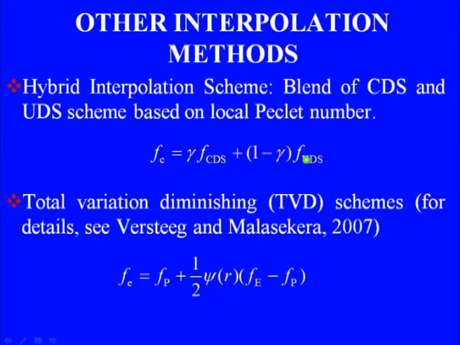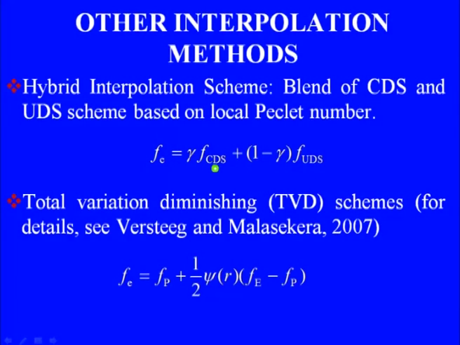If the local Peclet number is very small, then this gamma can be set to 1, and FCDS should be used for the interpolation. If the Peclet number is large, then choose a small value of gamma, so that we make use of the upwind difference approximation. So, this hybrid interpolation scheme combines the desirable properties of both CDS and UDS.